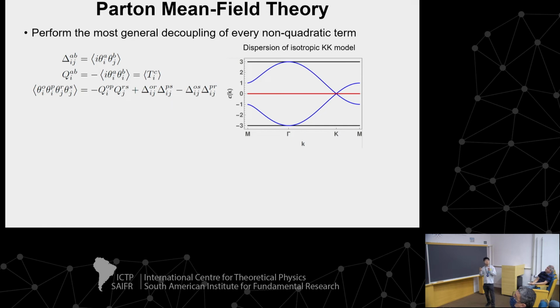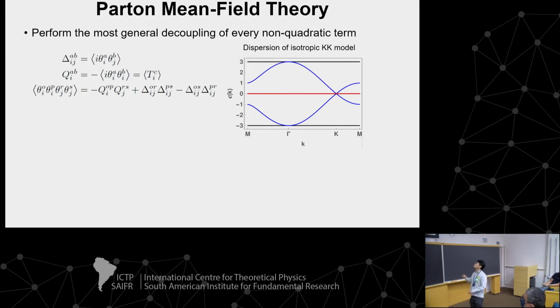And for the isotropic case in particular, we can gain a lot of insight by first solving that isotropic Kugel-Khomskii model in the first place, which displays 2 flat bands and 1 intermediate band with dispersion that's exactly like the spin 1/2 Kitaev model.